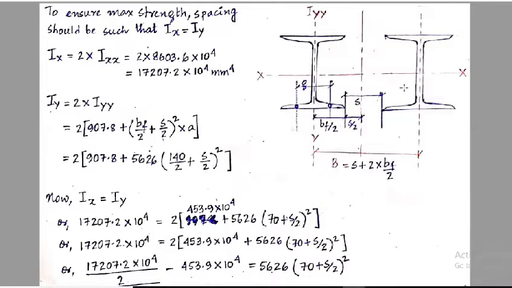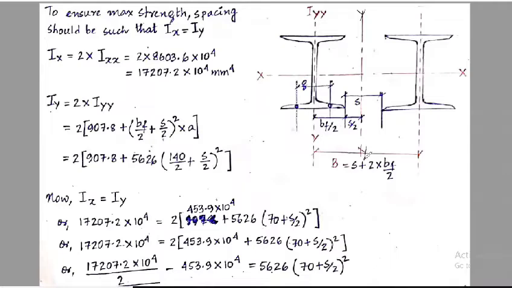So the x-x axis and y-y axis will be passing through the centroid of the built-up column, and they have been shown in red. So this is the x-x axis for the entire built-up column, consisting of two beams, and the y-y axis will be passing through here. Let me just annotate it. This is my y and this is y.